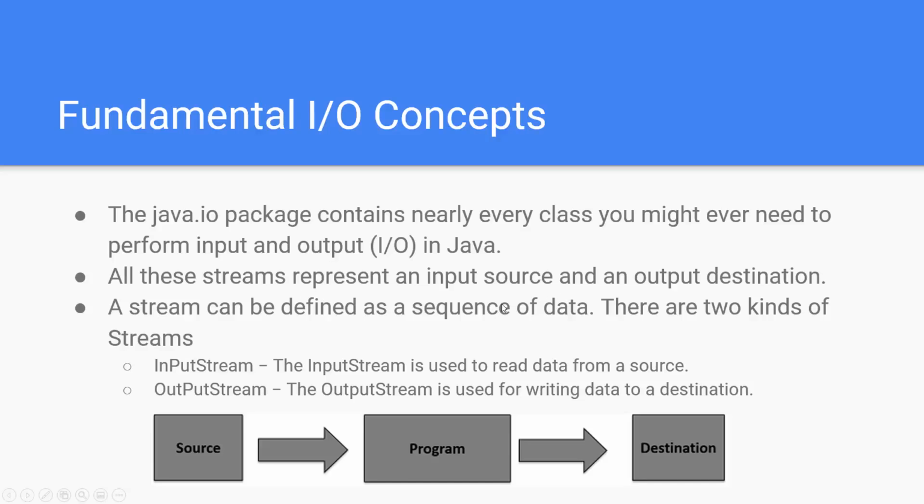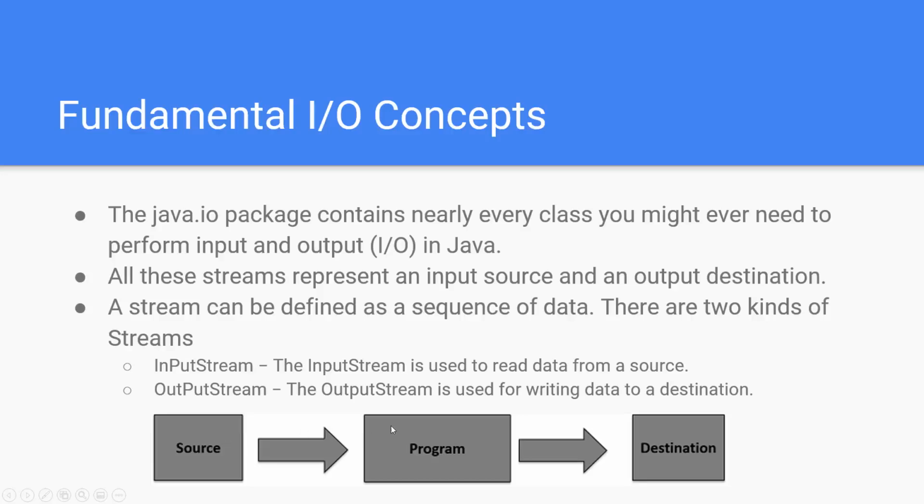All these streams represent some kind of an input source, such as the keyboard or a file, or an output destination, such as the console, the monitor, or a file. A stream, in this case, is defined as a sequence of data. There are input streams and there are output streams.